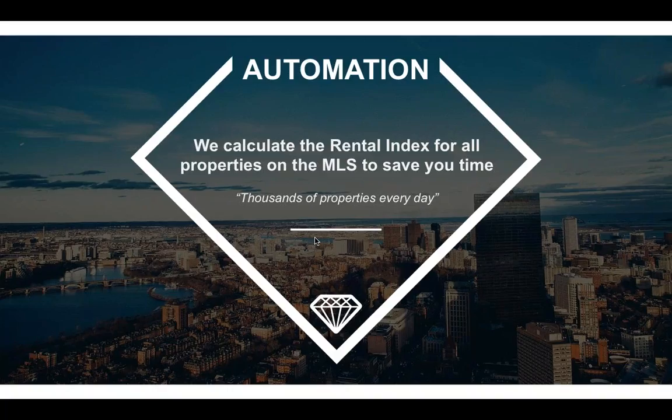We'll compare the asking price to the sold comps of that particular property and identify houses that are priced under market value. And we can also look at the leased comps to see how much the house can be rented for. And based on that, we can calculate the rental index that is good for buy and hold properties. Okay?